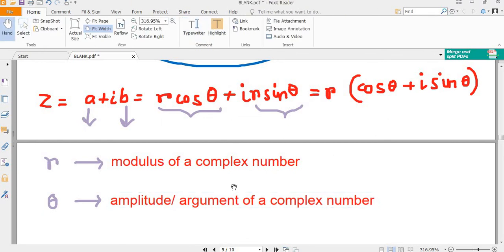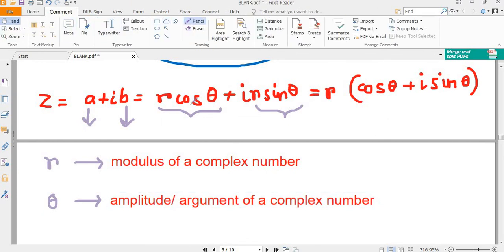That is the definition of the modulus and the amplitude of a complex number. So whenever we get a complex number, we can convert it to the form r cos theta plus i sin theta, and then r will be called the modulus of the complex number, and theta, measured in radians, will be called the amplitude or argument of the complex number.